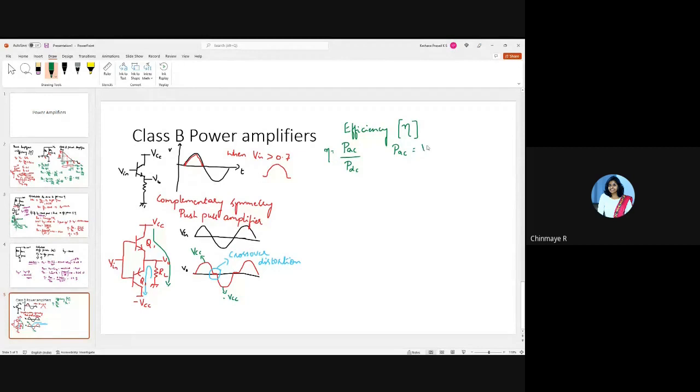Therefore, V peak will be VCC, so V RMS will be VCC by root 2, into the RMS current, right? Let's say this is I load peak, the peak value of the output current. This divided by root 2 will give you PAC.